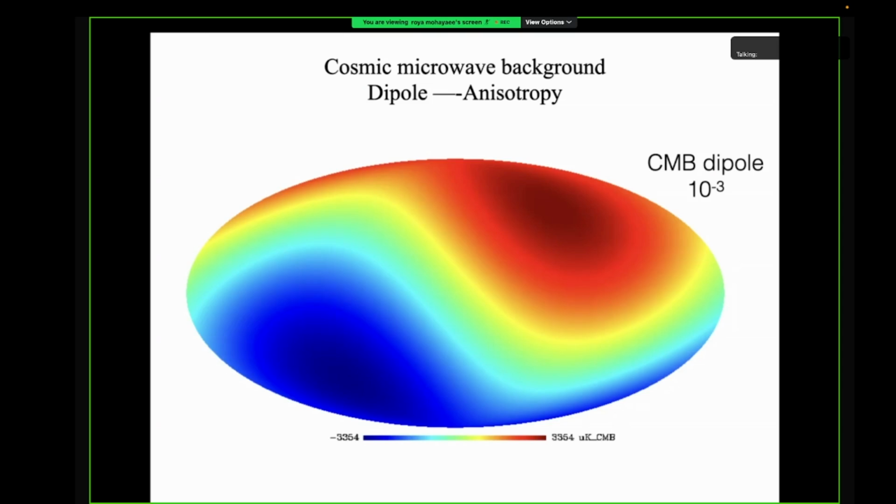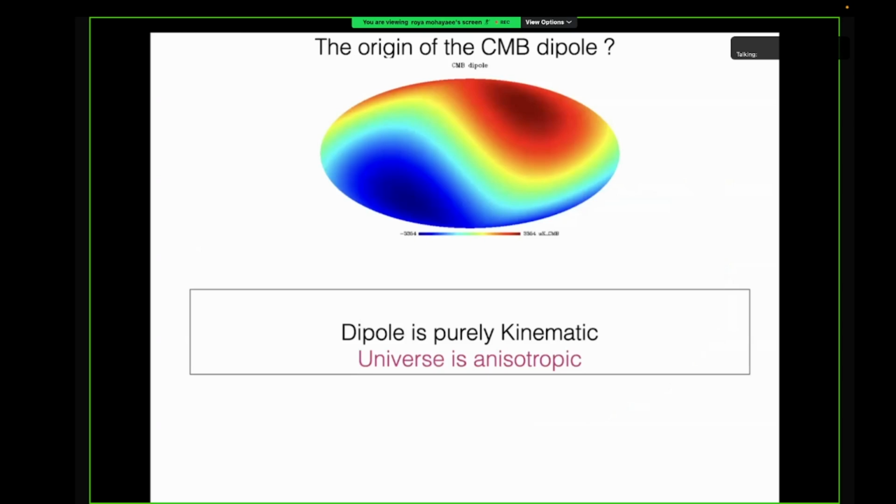It was attributed completely to our motion, so the motion of the observer. Because we are an observer, and we have a motion, now with respect to what? With respect to the rest frame given by the primordial CMB fluctuations, and that will become clear a little bit later on, then our motion will produce a dipole.